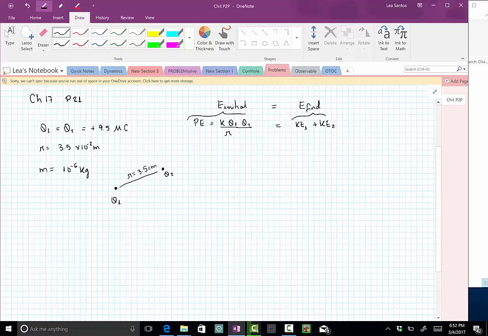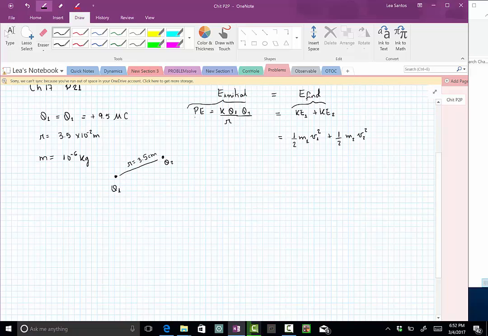For particle 1 it is 1/2 m1 v1 squared, and for particle 2 it is 1/2 m2 v2 squared.